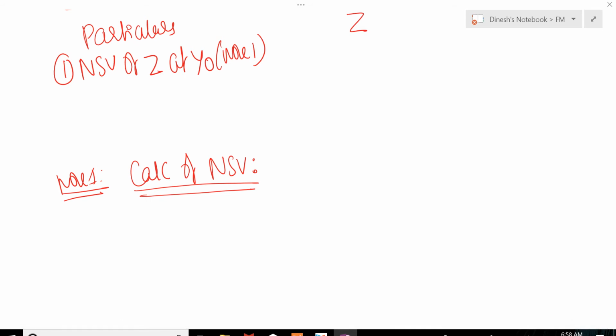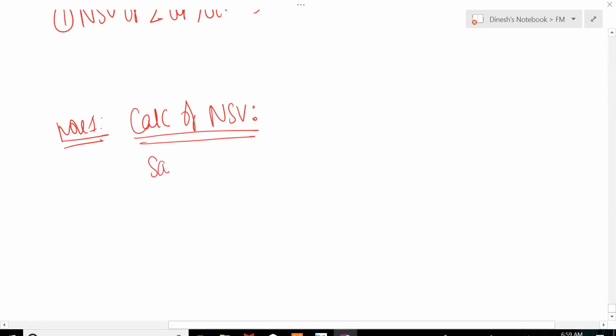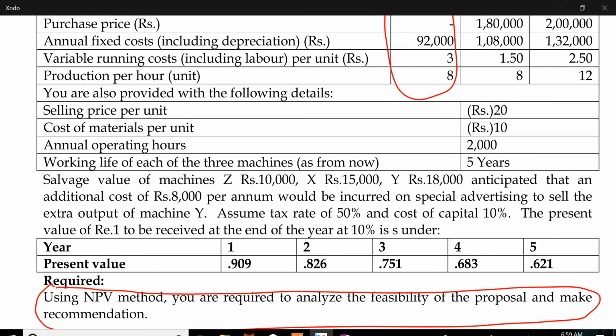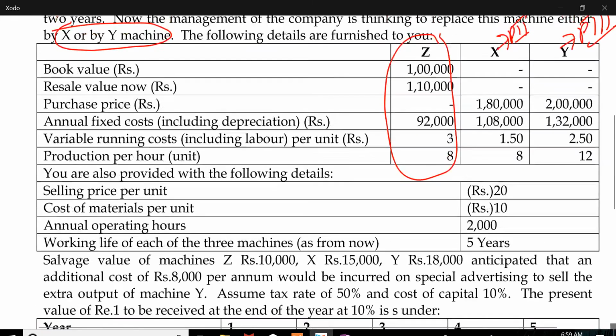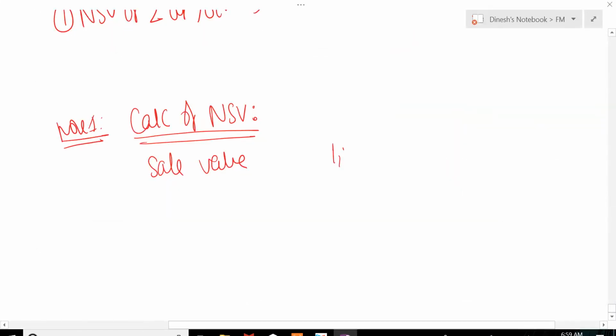Calculation of NSV. What's the starting point for NSV calculation? Sale value. What is the value at which Z can be sold now? 1,10,000. So write sale value 1,10,000. Any book value given? 1 lakh. Book value is 1 lakh.